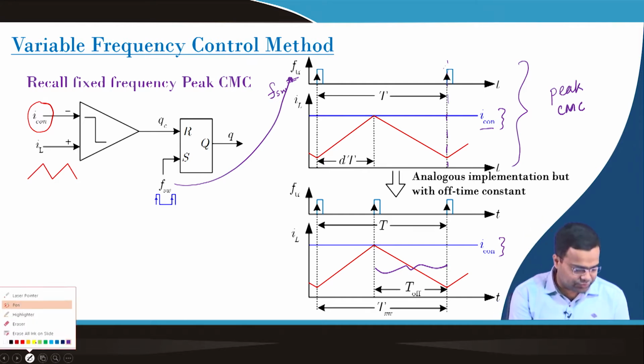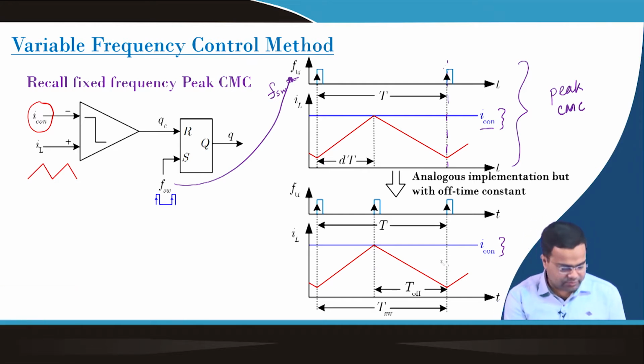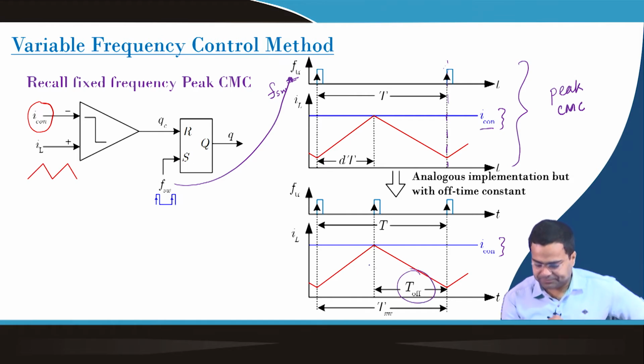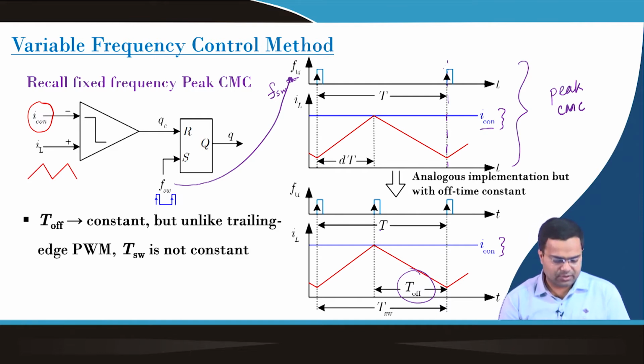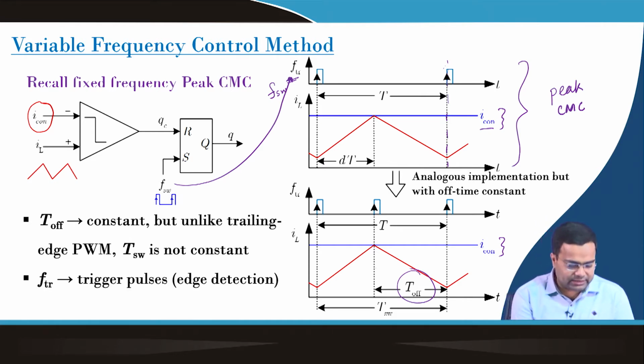This is my off time that is shown here, and on time comes from the comparator when the inductor current reaches the peak current. So, T off is constant; unlike in trailing edge modulation where the time period was constant, here the time period will not remain constant.